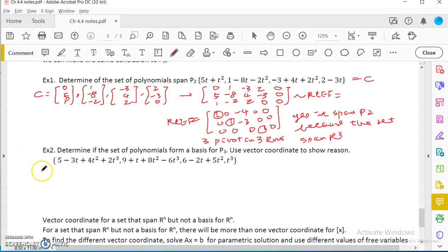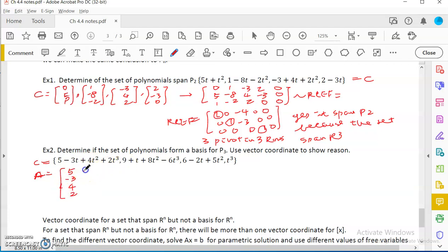The next one is about whether this set forms a basis for P3. So again, we change this set into, let's say this set is C. Write it in column form of the matrix. Oh, let's just write A then. So the first would be 5, negative 3. They're already in the correct order, right?